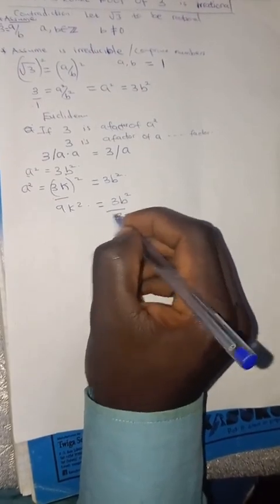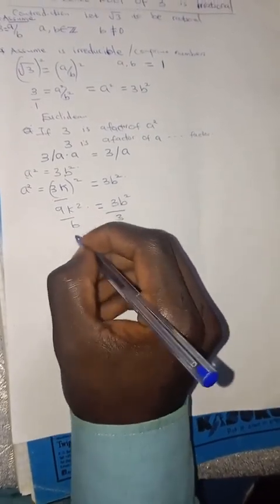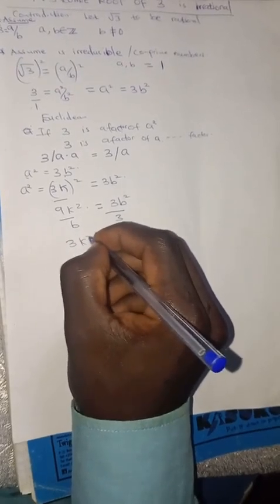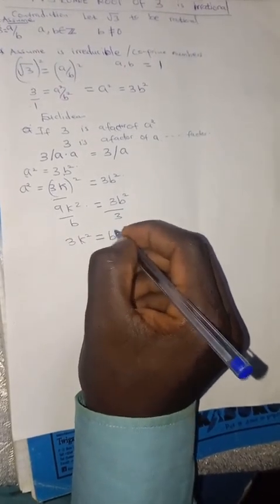If we divide by 3, then we have 3k squared equals b squared.